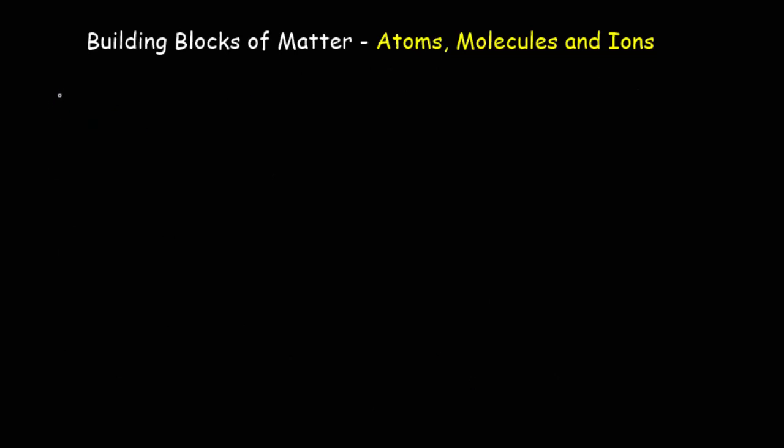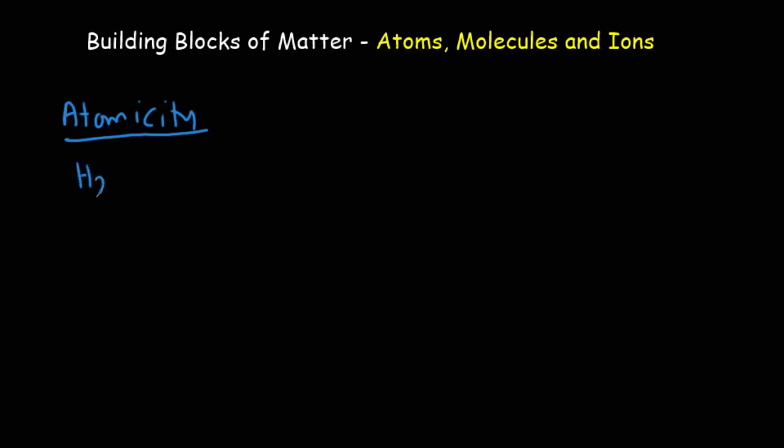Now, in every molecule, the number of atoms that come together to form the molecule is called atomicity. So atomicity is defined as the number of atoms that come together to form a molecule.